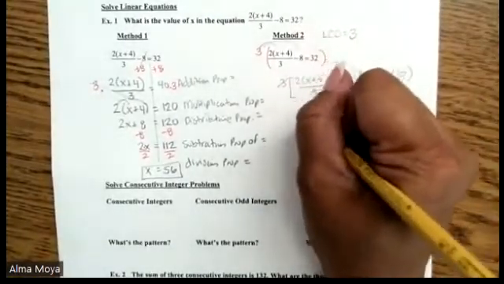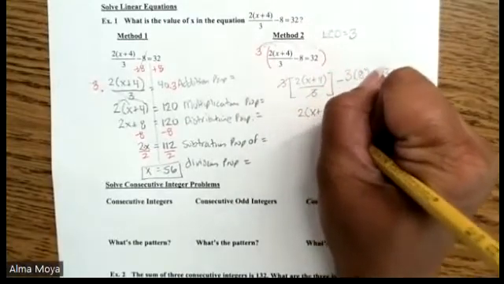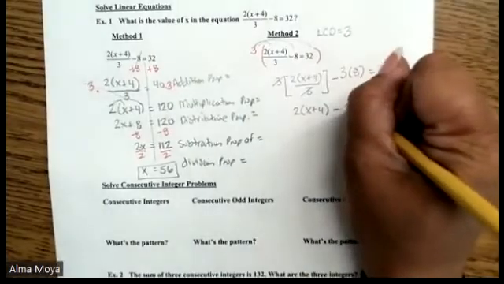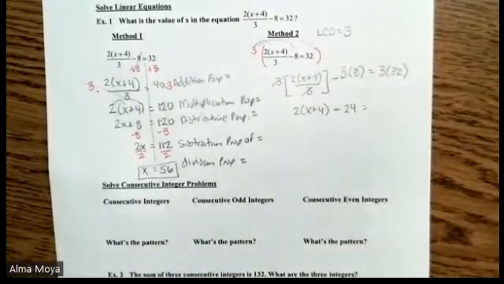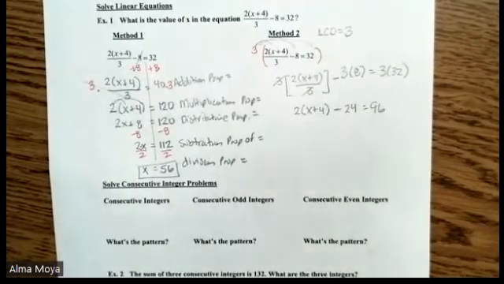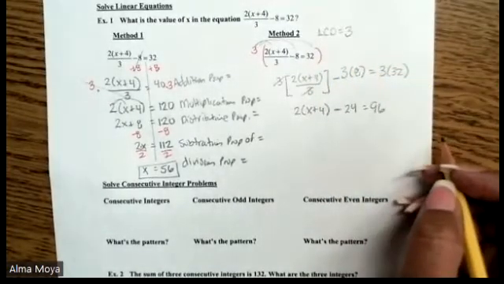Right here, the 3's cancel. So all I'm left with is 2 parentheses x plus 4 minus 3 times 8 is 24. And 3 times 32 is 96. That is a multiplication property right there.